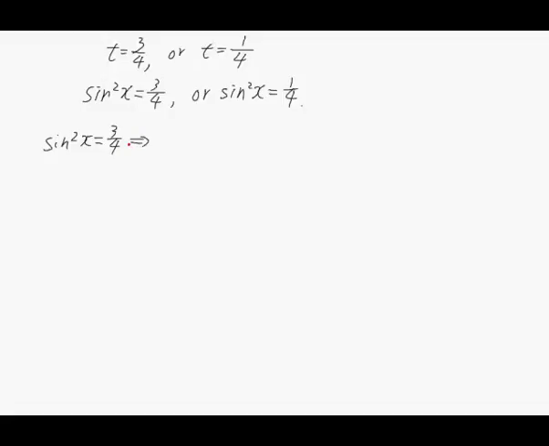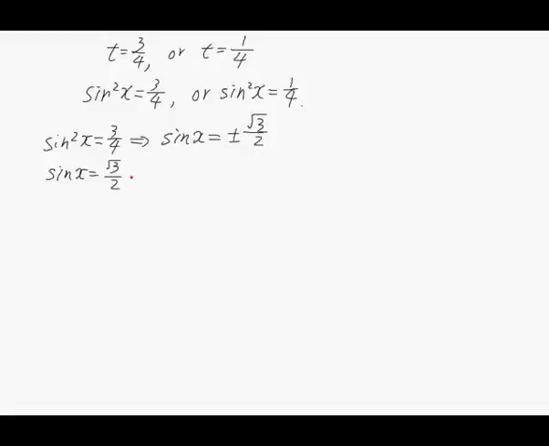And this implies we have sine x equal to plus minus root 3 over 2, right? So now let's first deal with sine x equal to root 3 over 2.